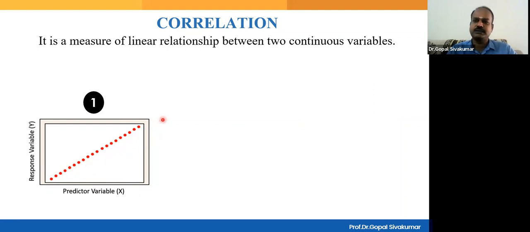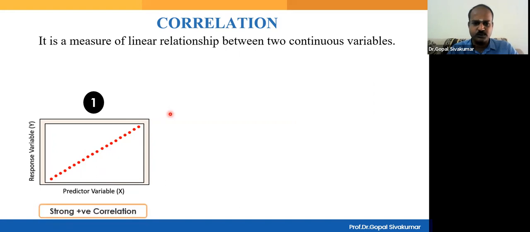I call this correlation positive because an increase in the x variable has caused an increase in the y variable. So it is considered positive correlation. And moreover, the correlation is considered strong correlation. You know why it is strong correlation? Look at the way the points align themselves along a perfect straight line. Whenever you notice the points falling along a perfect straight line, you can call it perfect linearity, or you can call the relationship strong correlation.